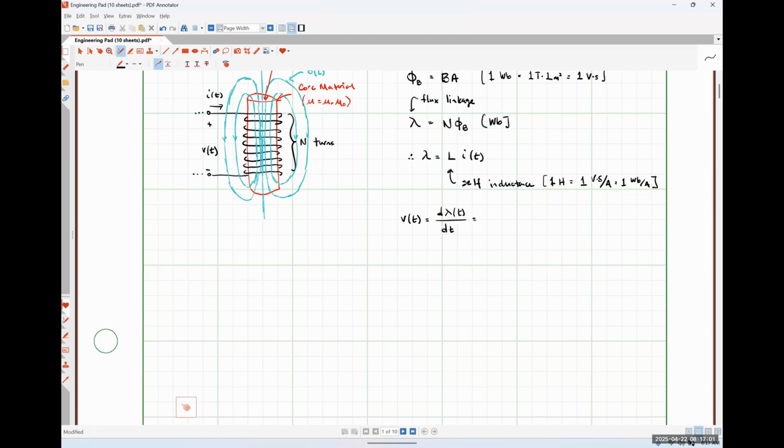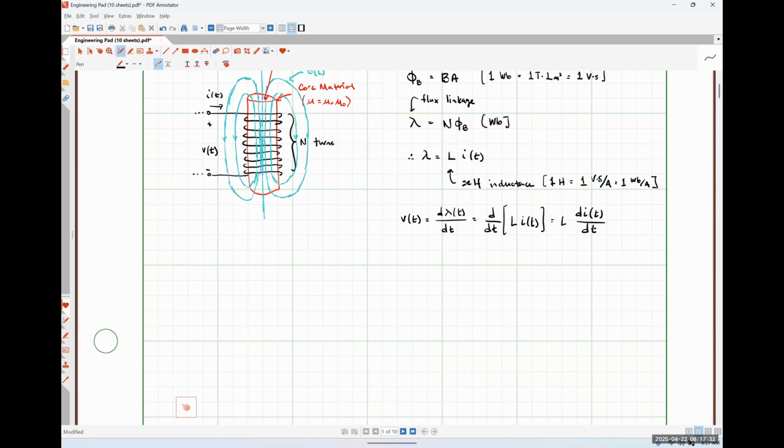So if we look at our flux linkage relationship, if L is a constant, then we can pull that out. Let me just write this out explicitly: the derivative of L times I of t is going to look like L times the derivative of current with respect to time, like so.